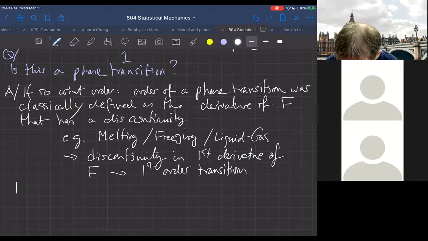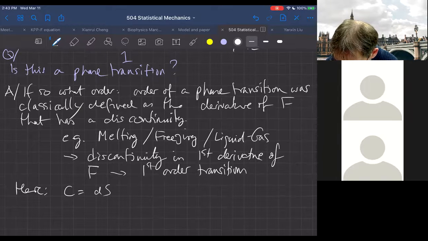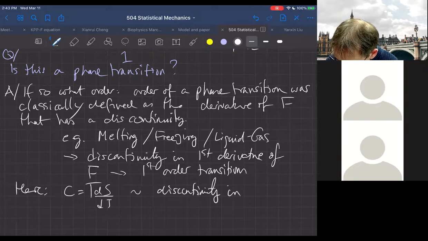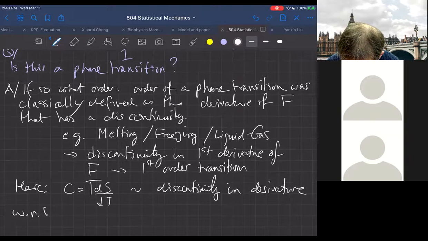So here, what do we have? We have the heat capacity, that's T dS by dT, and so a discontinuity in the derivative with respect to temperature of C would be a third order transition.